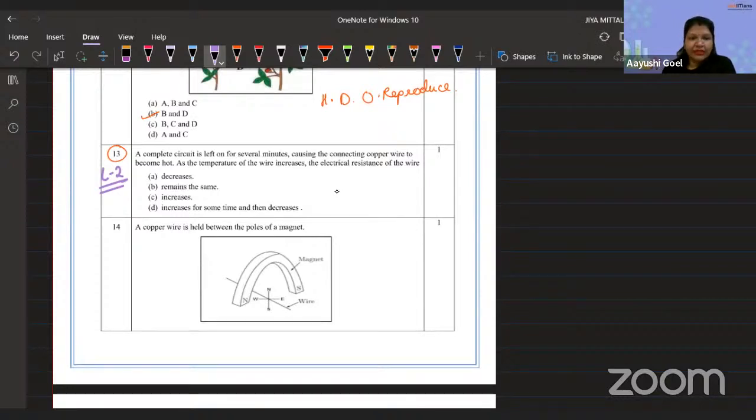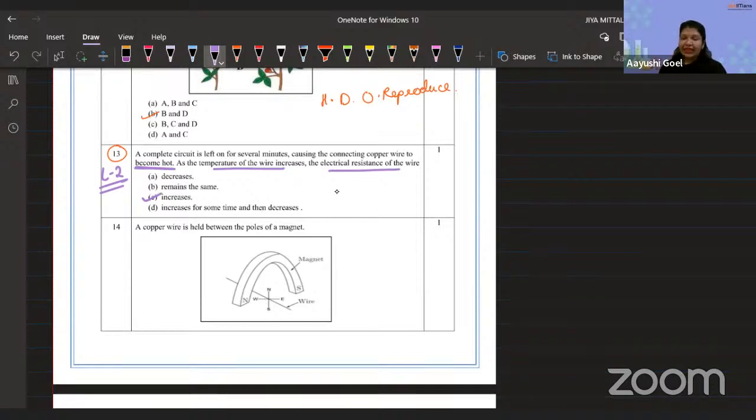Now let's see what the question is here. A complete circuit is left on for several minutes, causing the connecting copper wire to become hot. First of all, this is the major observation, that the copper wire has become hot. As the temperature of the wire increases, the electrical resistance increases. Why?